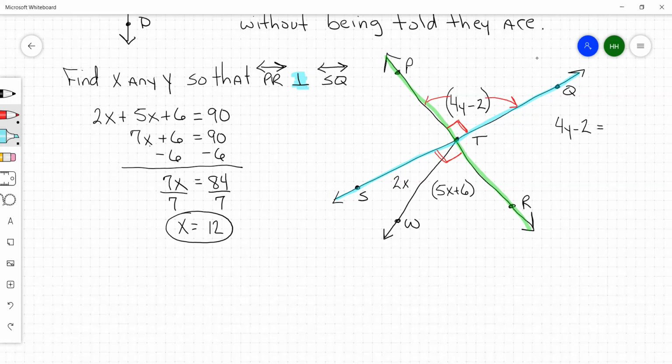From there to there. What does the 4y minus 2 have to be equal to? Yeah, here's your clue. It's got to be equal to 90. So we add 2, for y equals 92. And divide both sides by 4. So y equals 93.